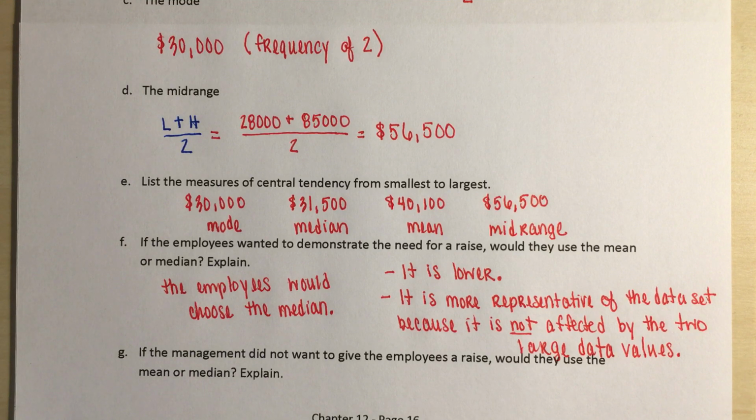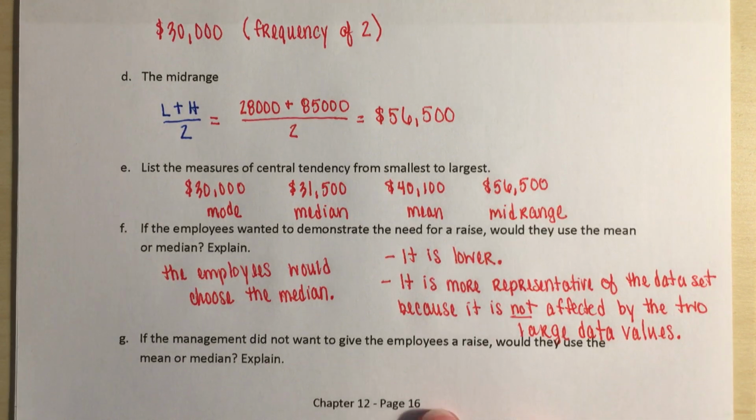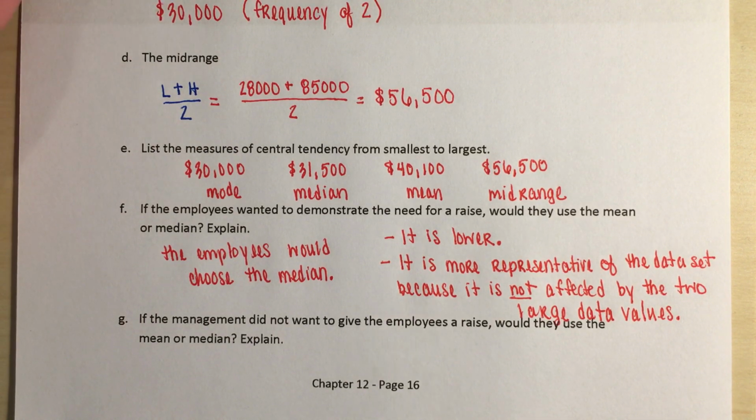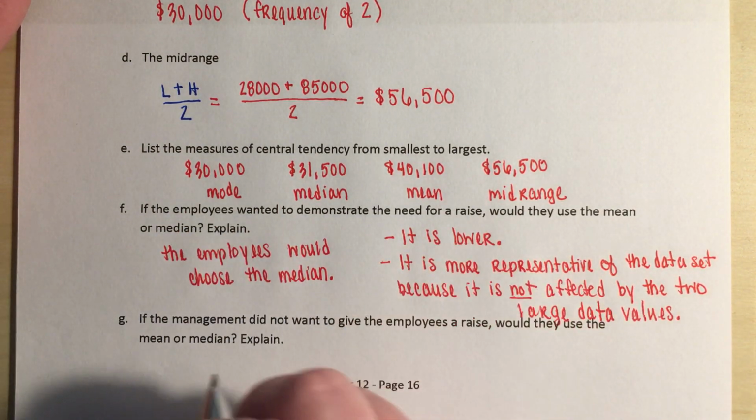All right, now, if we look the other way, if management did not want to give the employees a raise, would they choose the mean or the median? Explain. So in this case, if they don't want to give them more money, management would choose the mean.